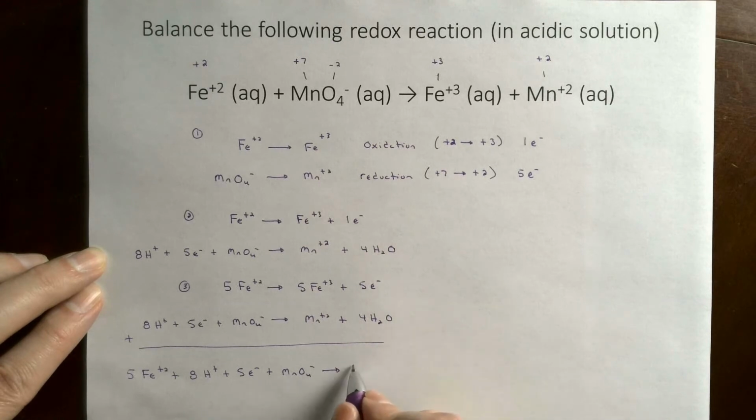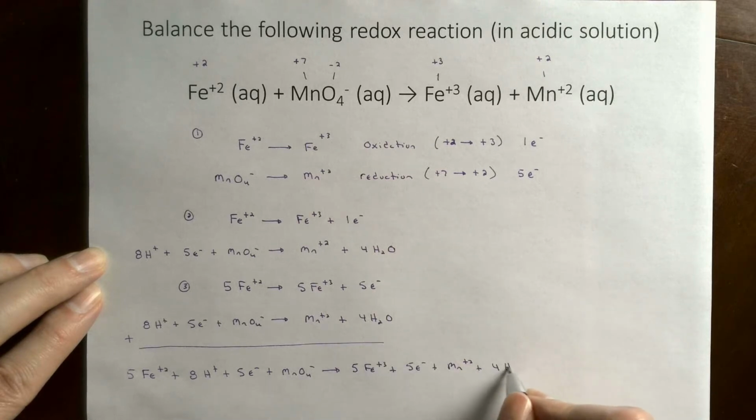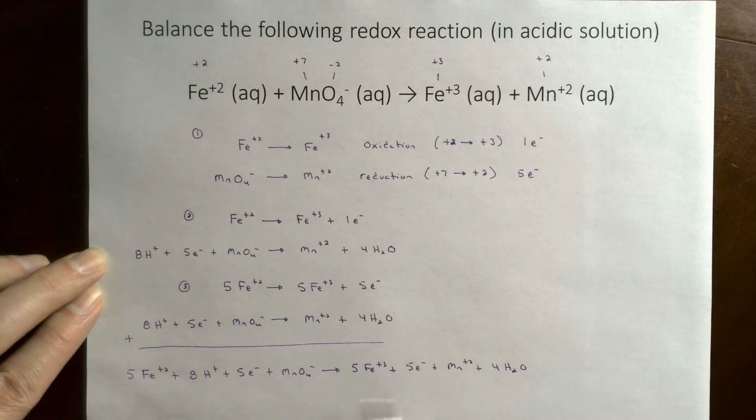And on the right, I have 5 Fe3+ plus 5 electrons plus manganese 2+ plus 4 water molecules. Anything the same on both sides of that reaction, same in the reactants and the products? Yeah, you should notice the same number of electrons, they cross out.